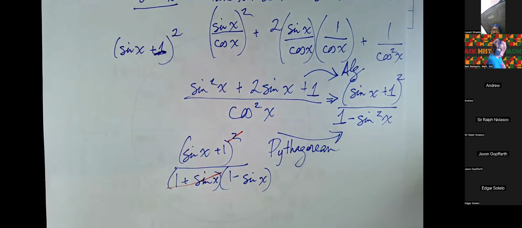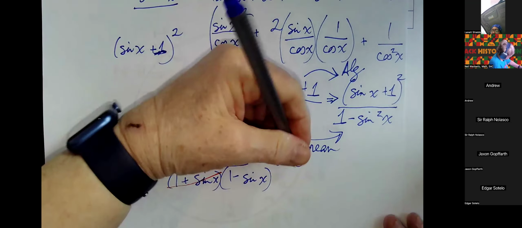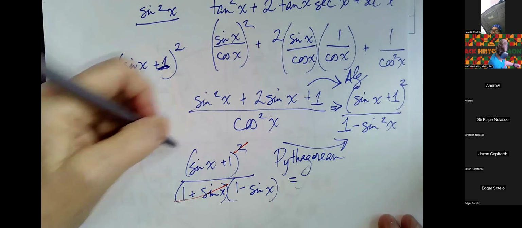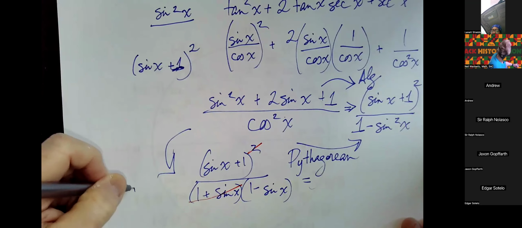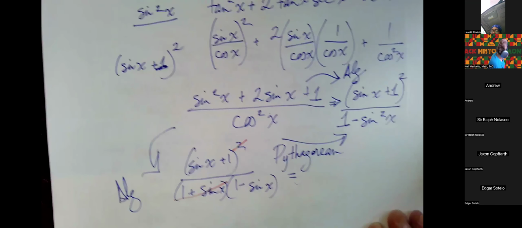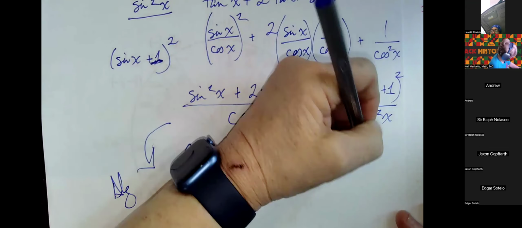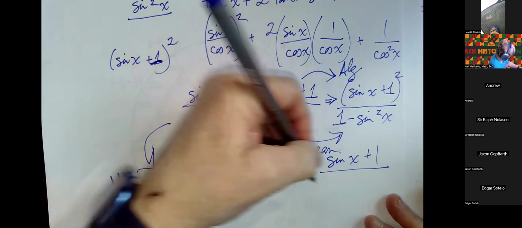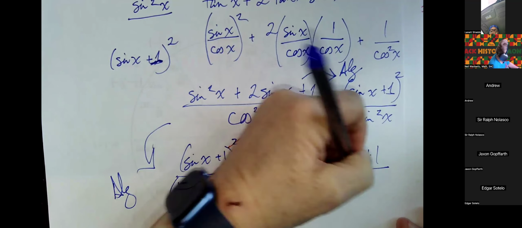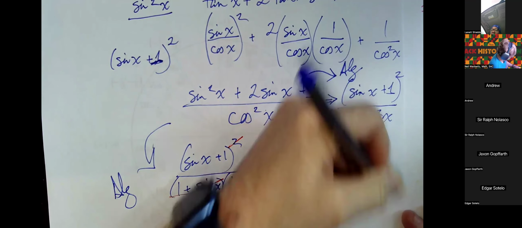Yeah, right there. Good. And this step is algebra. We're left with sine x plus 1 divided by 1 minus sine x.